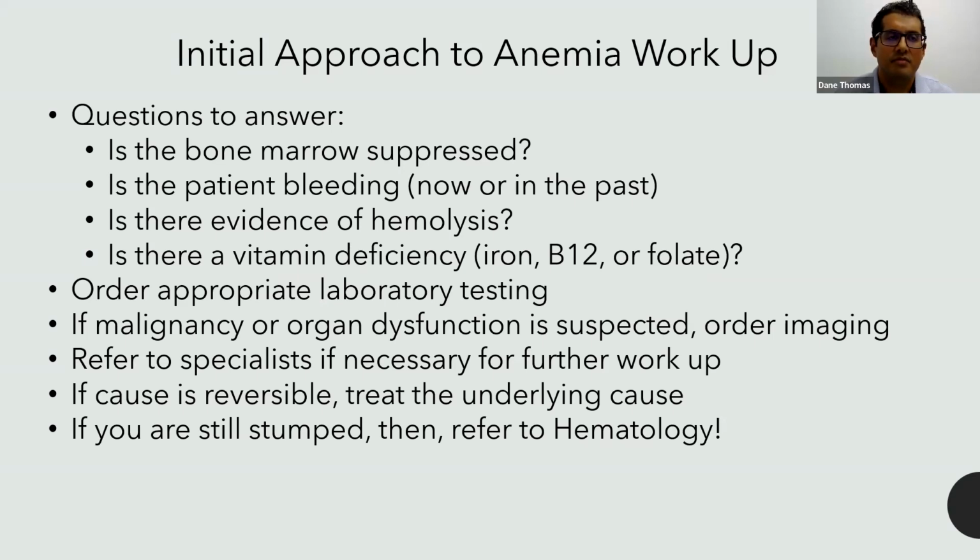Based on these questions, order the appropriate laboratory testing. If malignancy or organ dysfunction is suspected, order imaging to rule this out. Refer to specialists if necessary for further workup. If the cause is reversible, treat the underlying cause. And if you are still stumped, then of course, refer to us, refer to hematology.